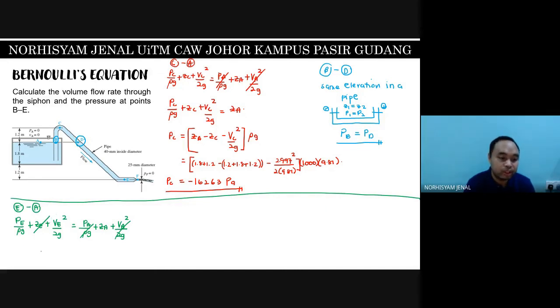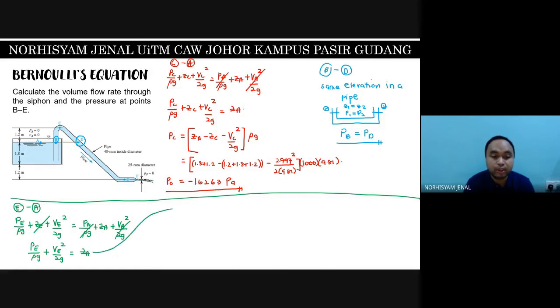And we will end up with this equation, PE over rho G plus VE square over 2G equals ZA.